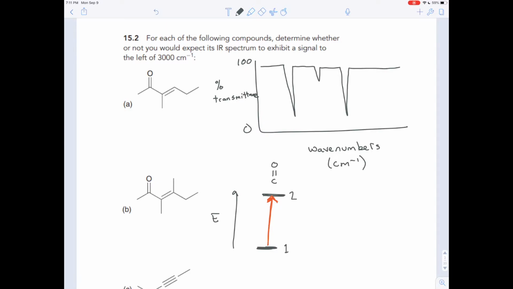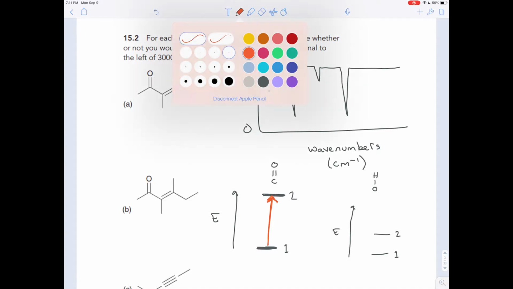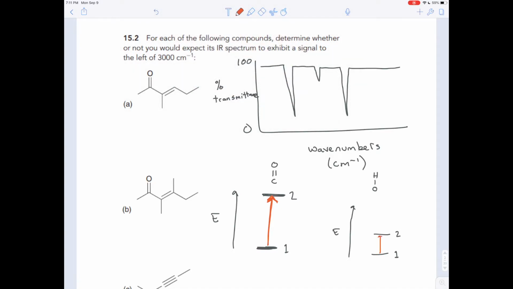But a different bond, for example, a bond between oxygen and hydrogen, would have a different amount of energy between one way of vibrating and another quantum way of vibrating. And so it will absorb light that has a different amount of energy. And so you can identify certain bonds based on the energy of light that they absorb.